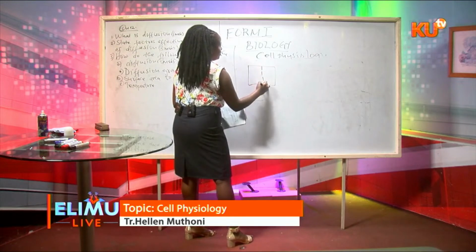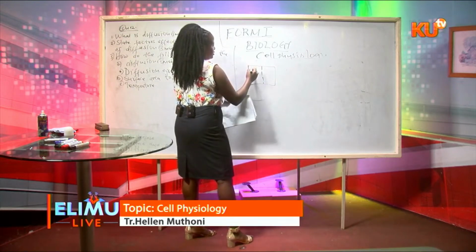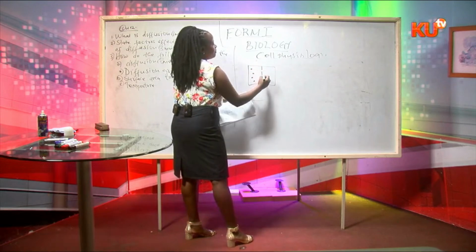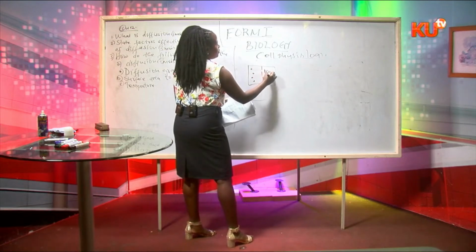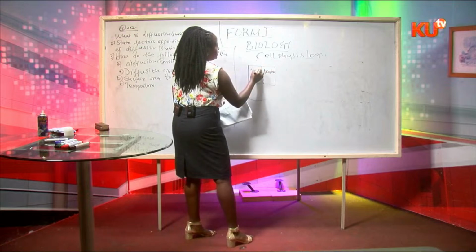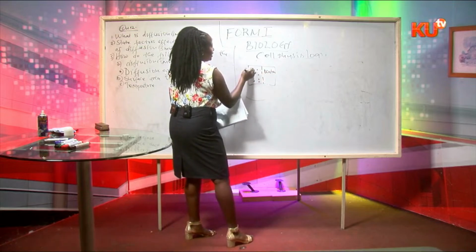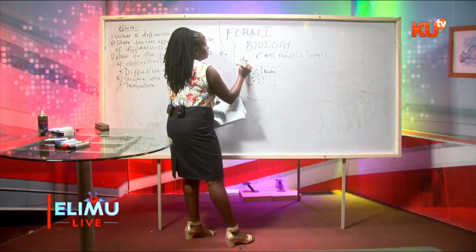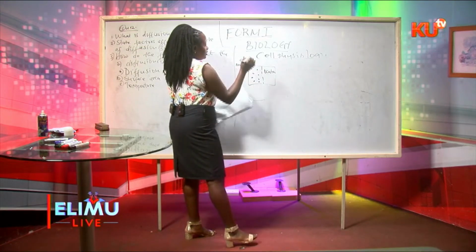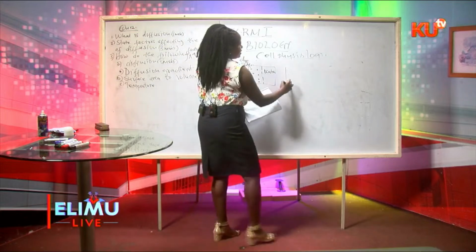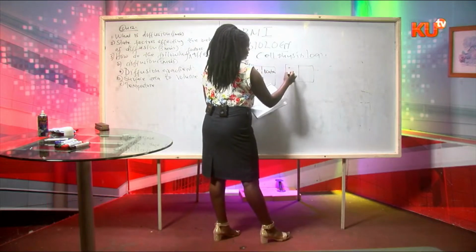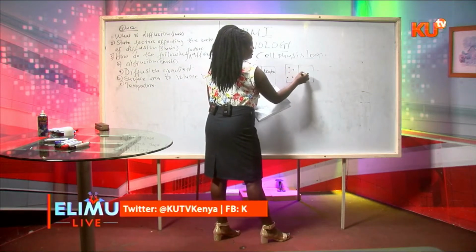We have dye molecules represented in black. Then we have a cell membrane. On this side we have water. Then we have the same setup continuing, ensuring that some of these dye molecules are getting to the other side.